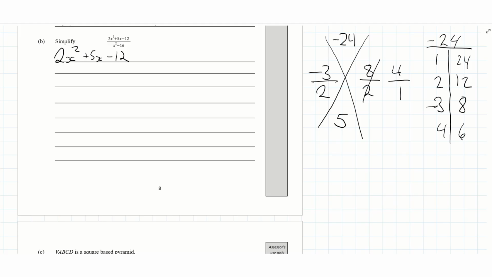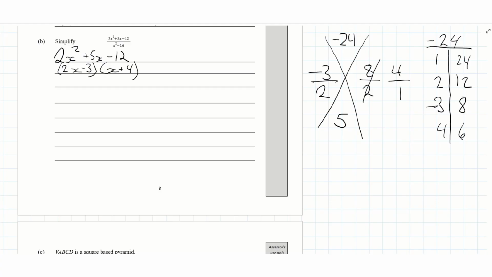This is going to simplify down to exactly what it is. So when we factorize it, we are going to have 2x minus 3, close bracket, open bracket, 1x plus 4. And of course, 1 times x is just x, so we actually don't need that 1. I'm going to scoot everything in here, x plus 4.